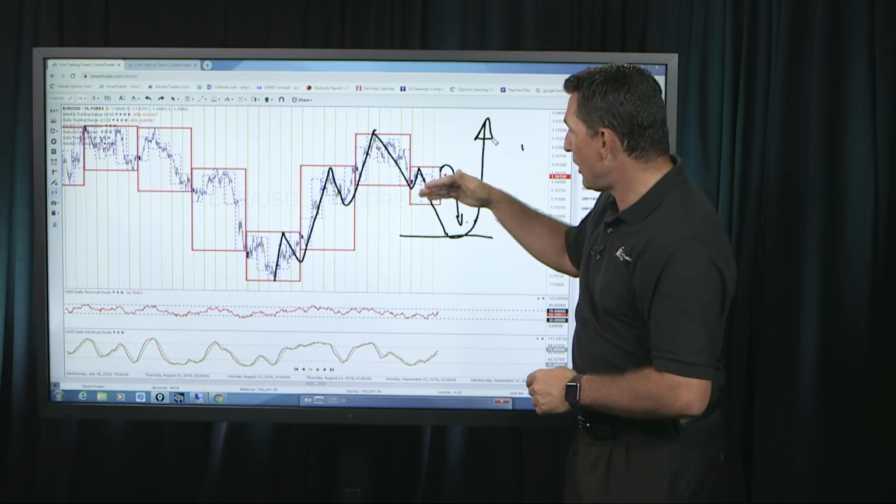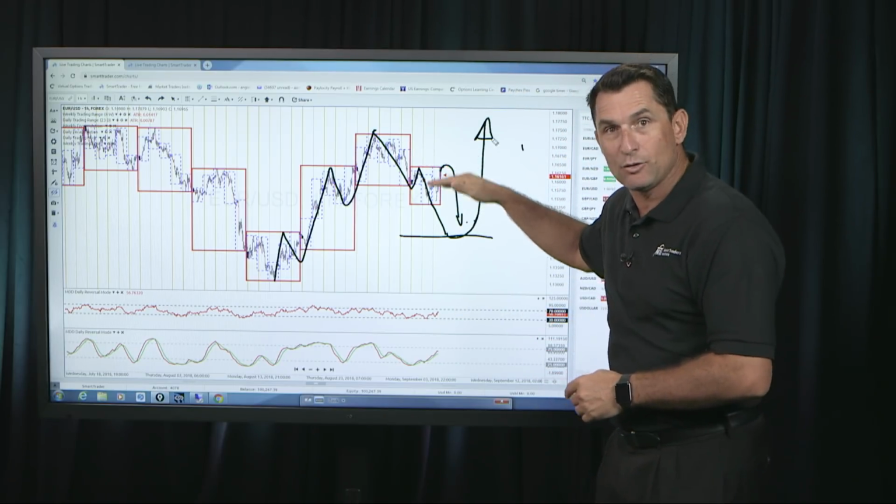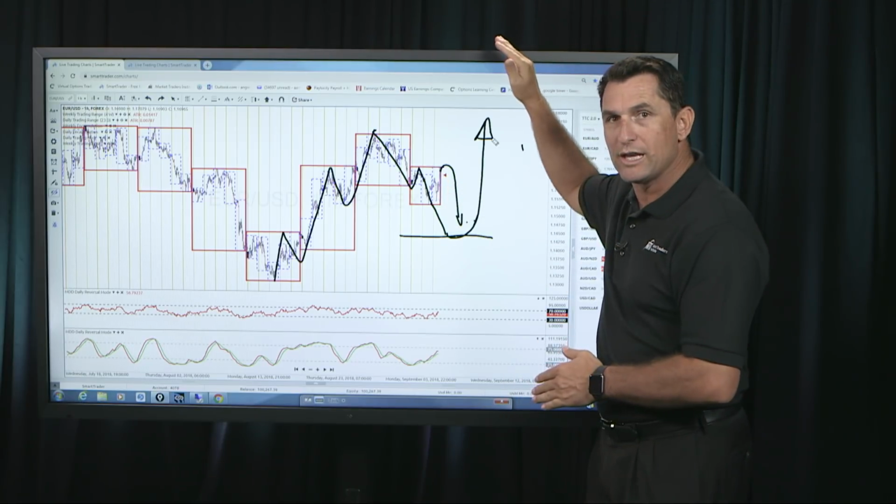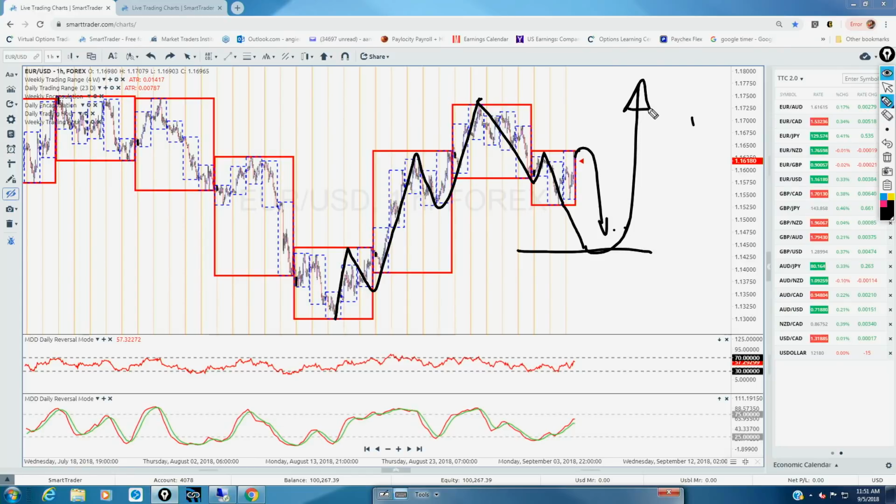If you are buying up here, you may have to wait it out while the market drops back down to support again and then starts working its way back up. But again, traders, knowing where you are within the trend is more important than knowing where the trend's going. We take advantage of the smaller waves of the market, and understanding this information will better help you to profit in the market.